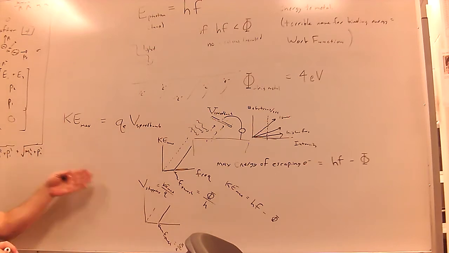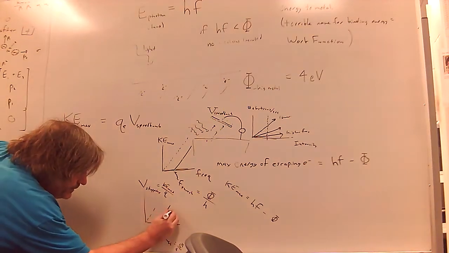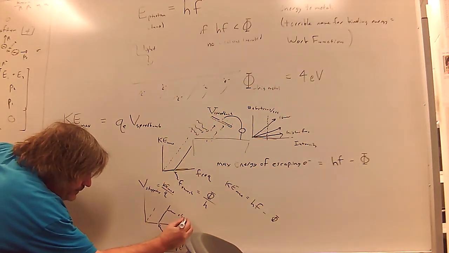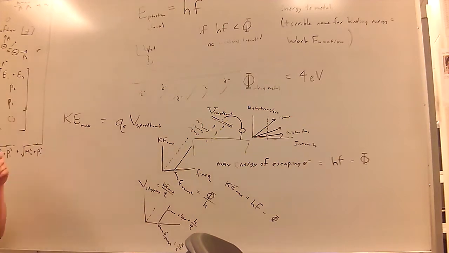So this is how you could see that electrons were escaping in the first place. If they are escaping, they should hit that electrode, follow the wire back to the original metal, since the original metal is now slightly positive, so they'll want to get back there, and you'll be able to see on your ammeter that current of flowing electrons.